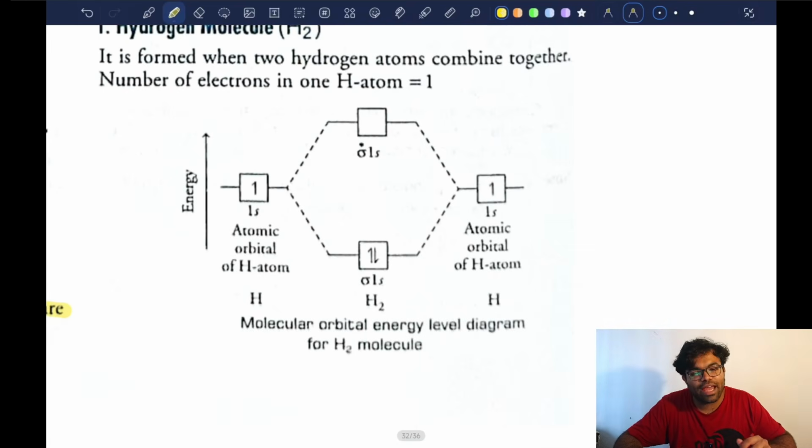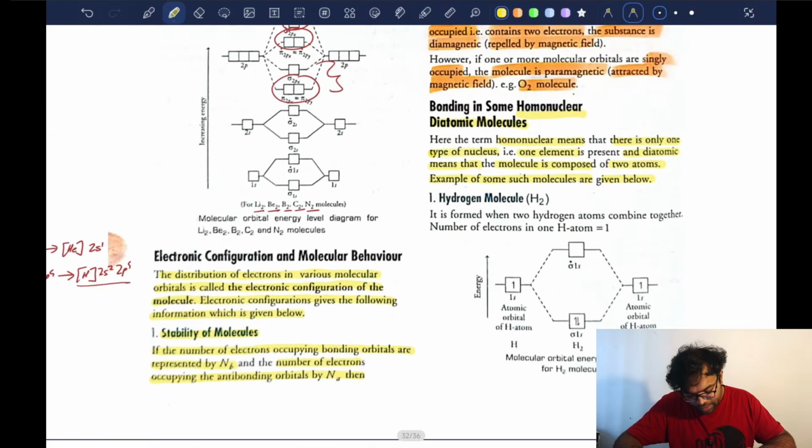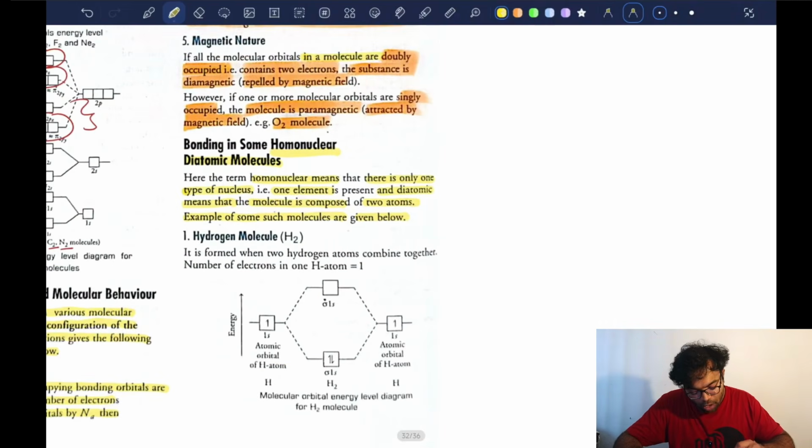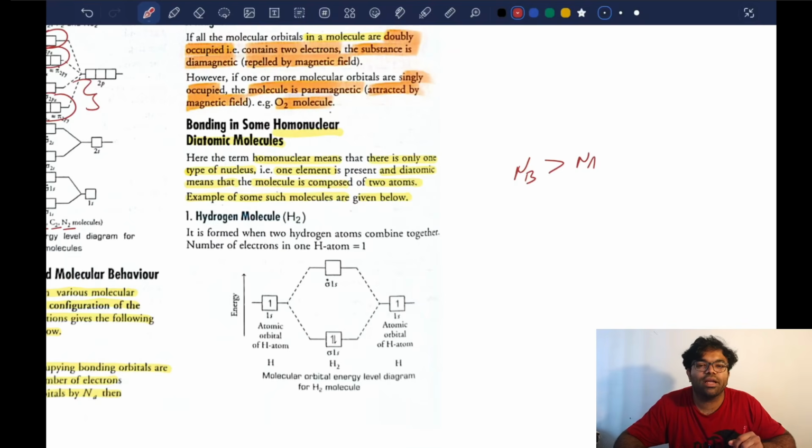Now, if you look at the following characteristics, what have we learned here? We have learned about the stability of the molecule. Is the hydrogen molecule stable? The big question. We know that if Nb, the number of electrons in the bonding molecular orbital, is greater than Na, the number of electrons in the anti-bonding molecular orbital, then the molecule is stable.